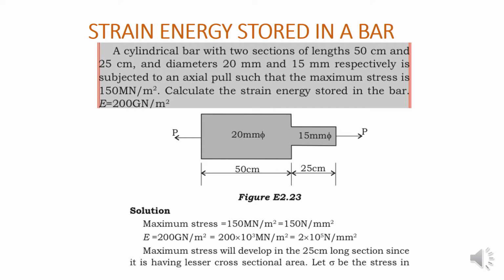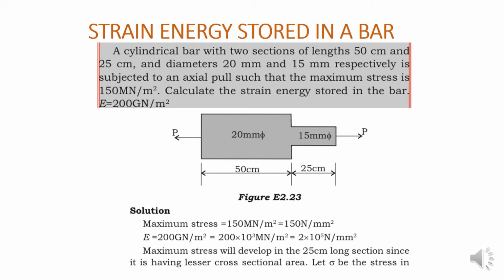So what is stress? Stress is load divided by area. So the section which has lesser area will have the maximum stress value. Here the first one is of 20 mm dia and the second one is of 15 mm dia, so the section with lesser area is the 15 mm dia section. That will have the maximum stress value.